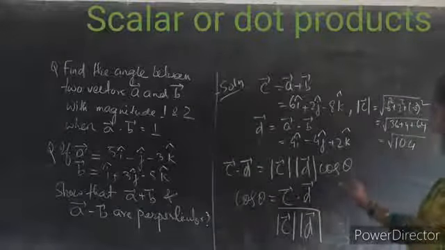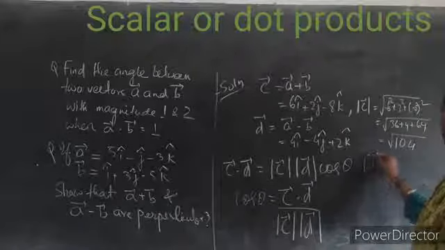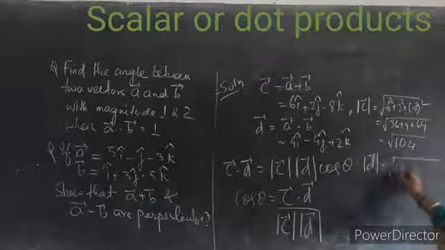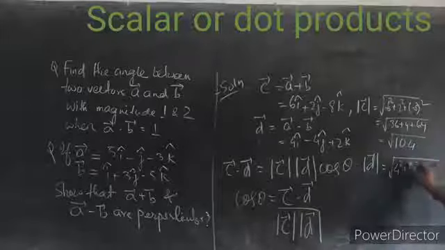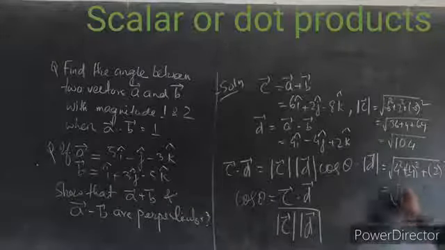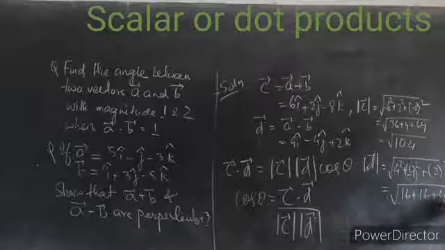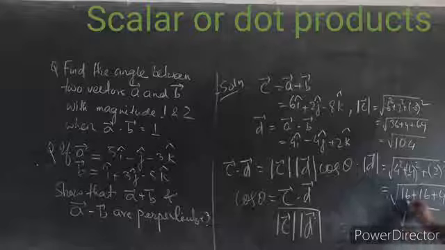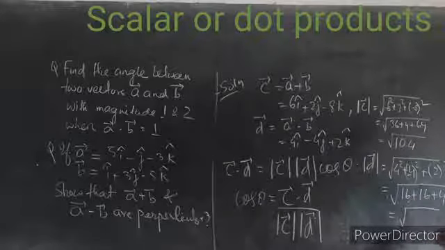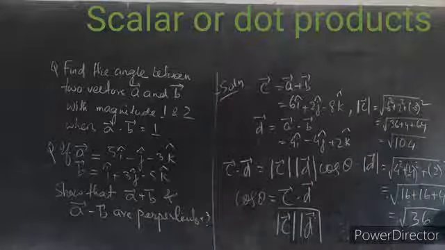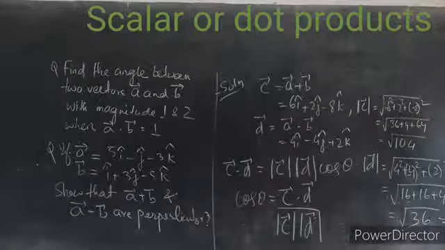That is root 104. In this case, magnitude of D will be 4 square plus minus 4 square plus 2 square, that is 16 plus 16 plus 4, root 36, which we can write as 6.